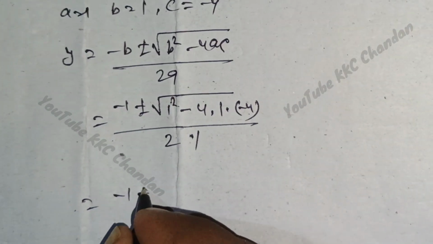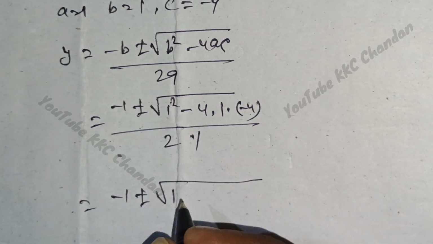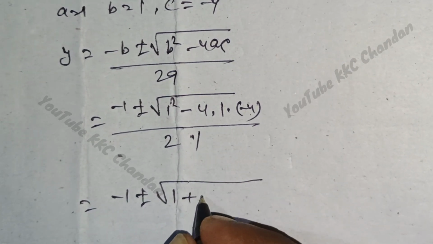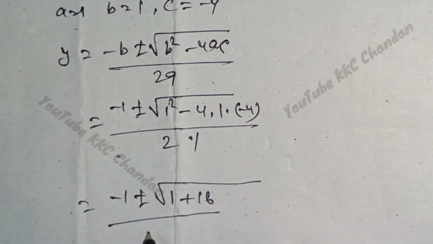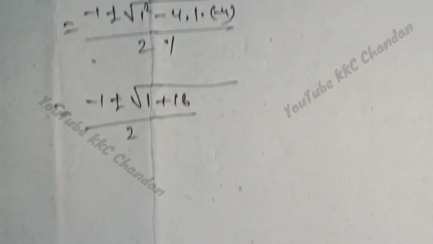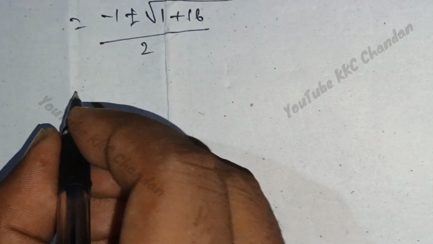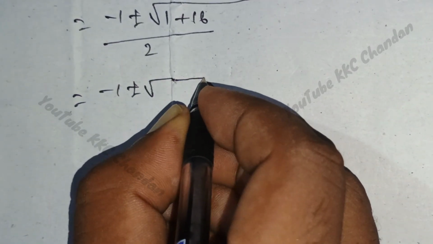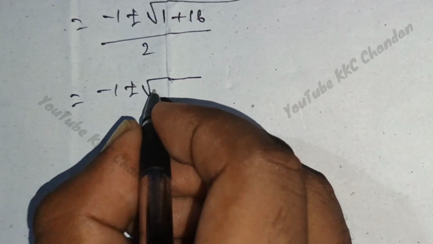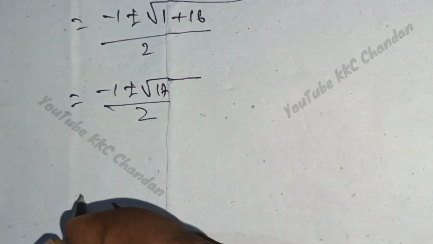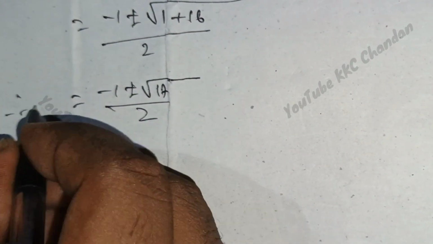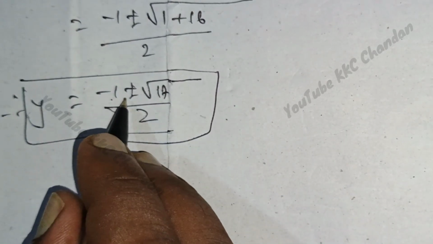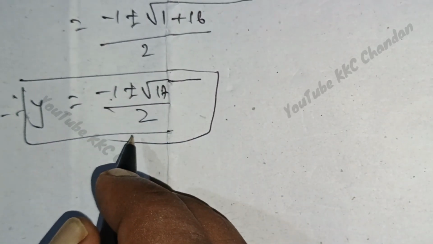After that, minus 1 plus or minus root under 1 plus 16, divided by 2. Therefore, minus 1 plus or minus root under 17 divided by 2. Therefore, y is equal to minus 1 plus or minus root under 17 divided by 2.